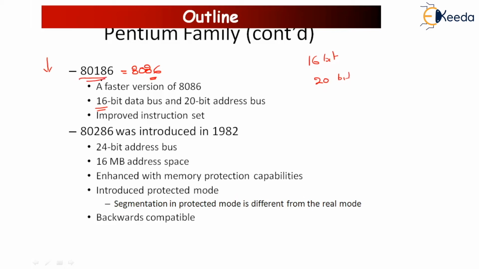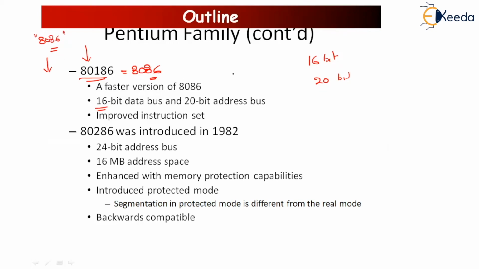You know that the complexity of a processor is defined by the number of machine language instructions that have been adopted by that processor. So 8086 uses a few machine language instructions. 80186 uses far more machine language instructions than 8086.